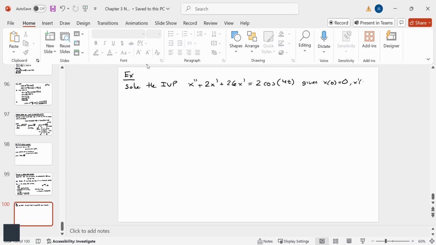If they did not give you those initial conditions, this problem would be 10 times worse. So solve the IVP and identify x_sp, which is steady periodic, and x_tr for transient, which is what they use in the homework.